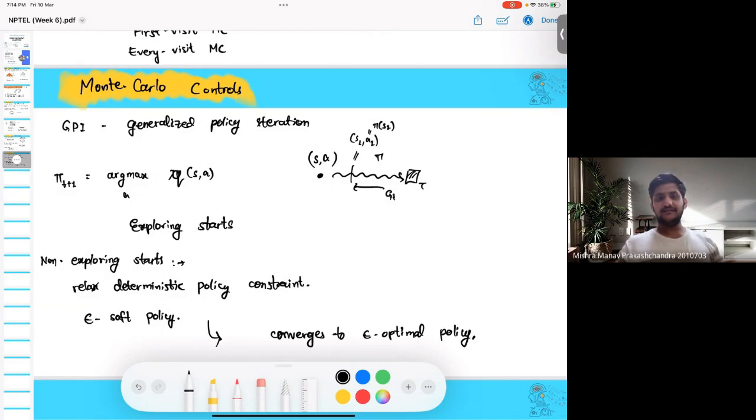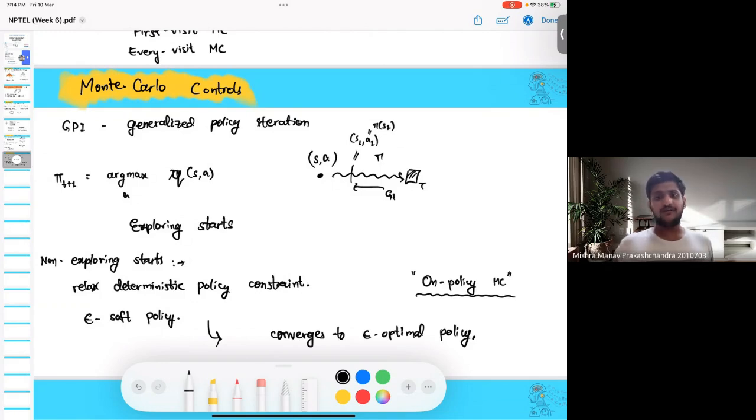This is something known as a Monte Carlo method. More specifically, this epsilon soft policy Monte Carlo is known as on policy Monte Carlo.